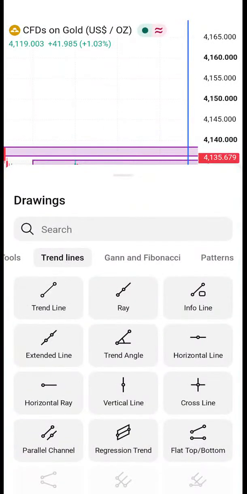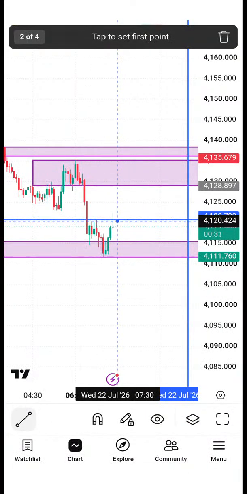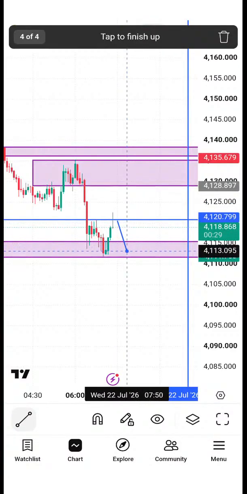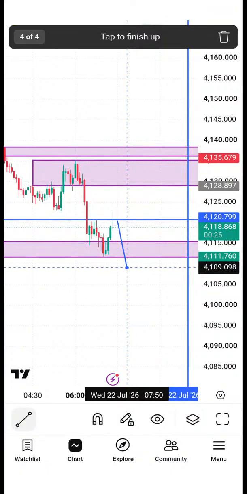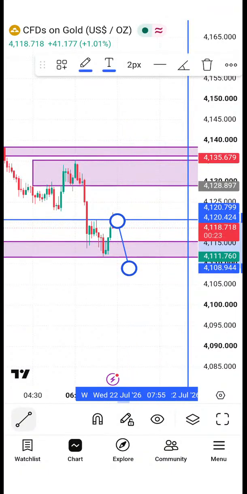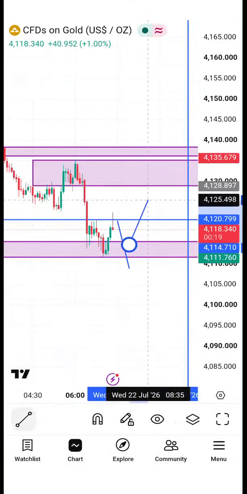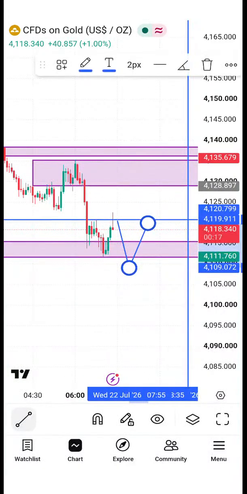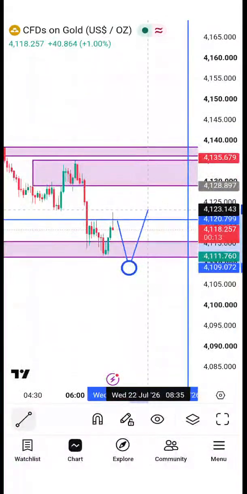Five-minute time frame. It can still come back down, sweep liquidity, then come back up again, break the high.